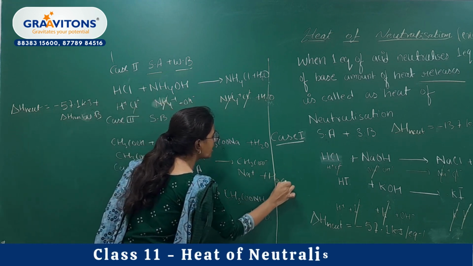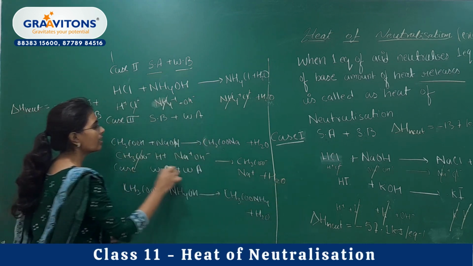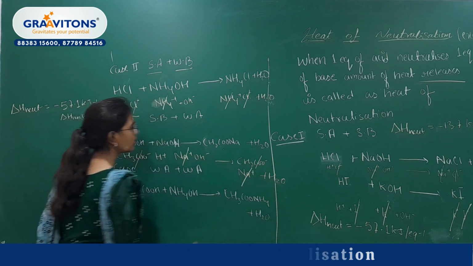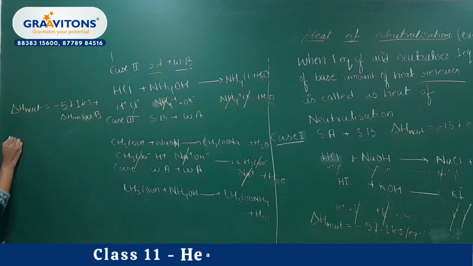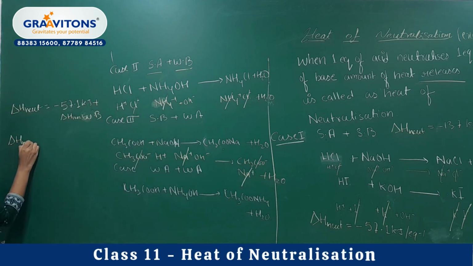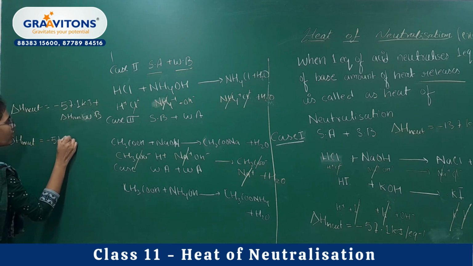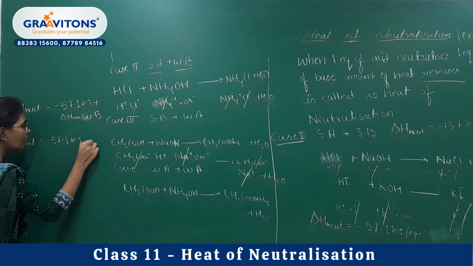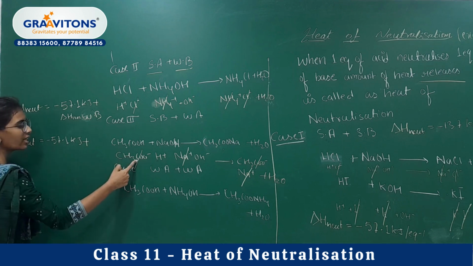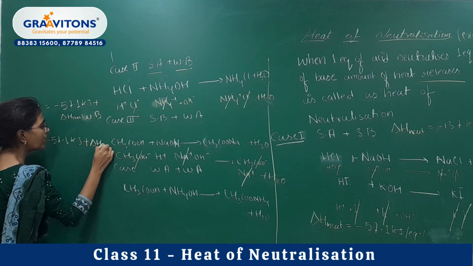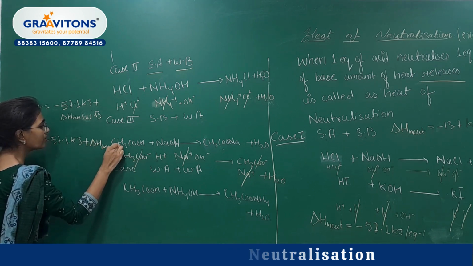Again our ultimate reaction is H plus OH minus giving out water, so the heat of neutralization is minus 57.1 kilojoule, but here we have provided the energy to dissociate the weak acid. So we write delta H of ionization of weak acid.